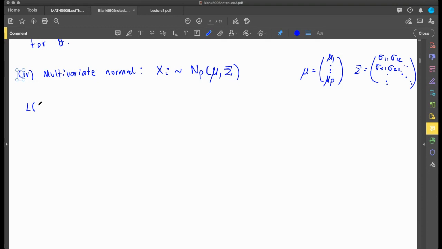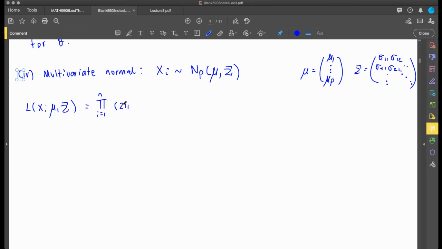What do we do? Well, we write the likelihood. This now depends on two parameters, mu and sigma. They have p components in mu and p times p, I guess, divided by 2 in sigma. Okay, so we've got many parameters here which we want to estimate. Now, my likelihood is, again, a product of the density of these multivariate normal vectors.